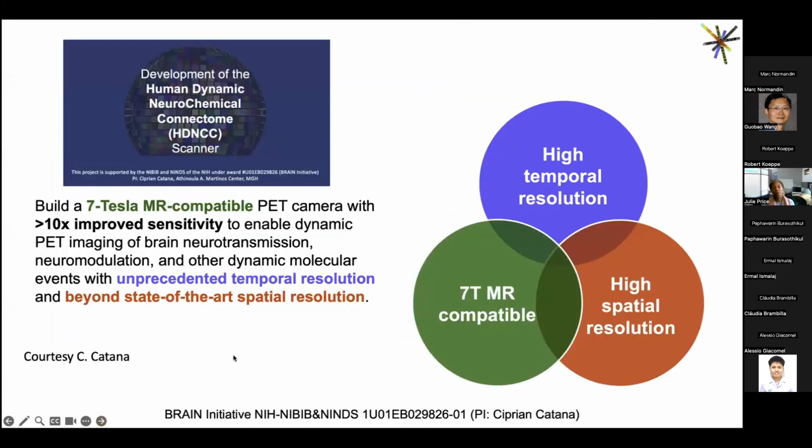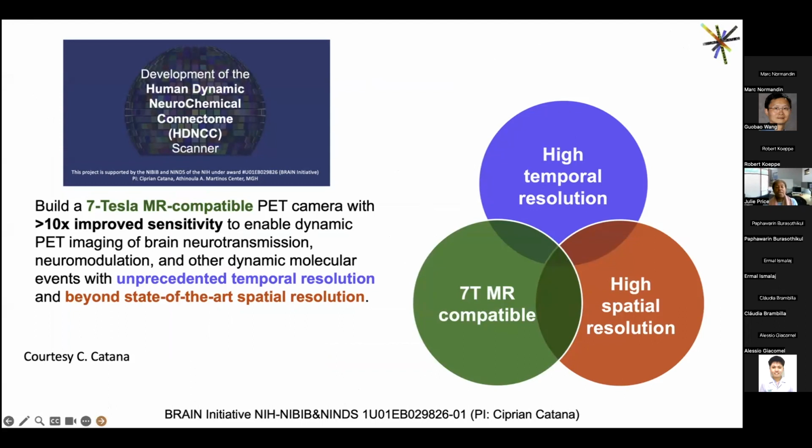Okay, and I just wanted to end with something going on at the Martinos Center by Dr. Catana in terms of the development of a human dynamic neurochemical connectome scanner. This is also something to point to for the future, as it'll combine PET and MR at 7T for human imaging.